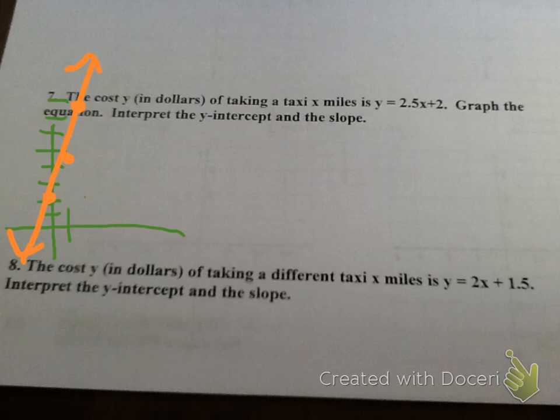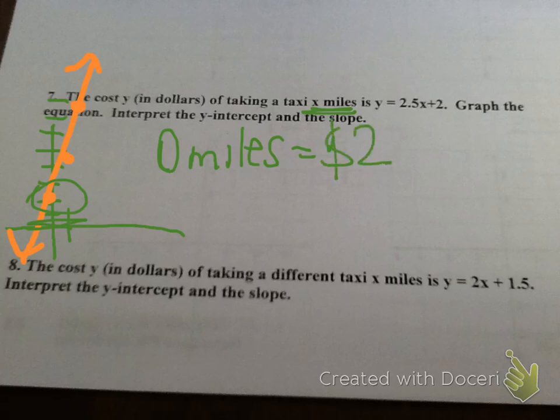To interpret the y-intercept, so at x equals 0, which x is miles, so at 0 miles, this taxi ride is going to cost us $2. And then after that, we're increasing by a rate of 2.5.